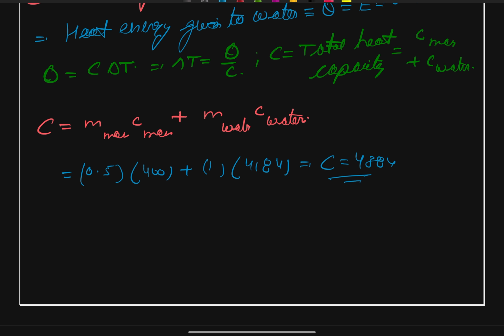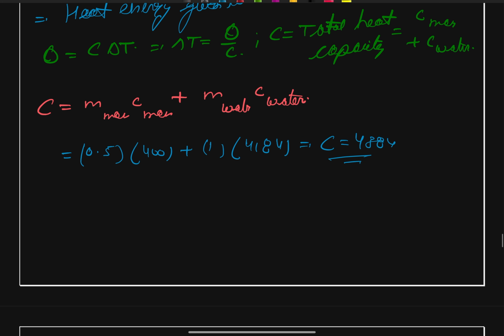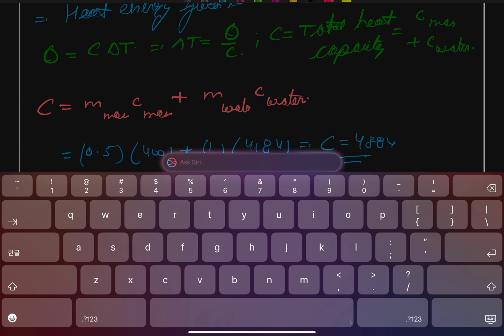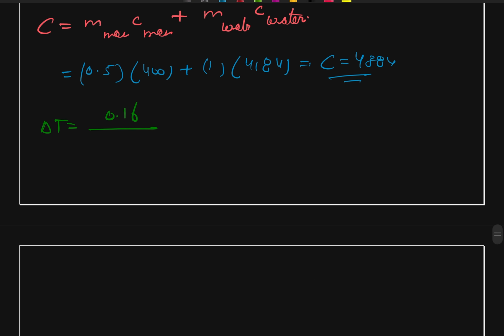Therefore our temperature change delta T will be equal to Q, which is 0.16, divided by C, which we got as 4384. So approximately it is equal to 3.65 into 10 raised to the power minus 5.